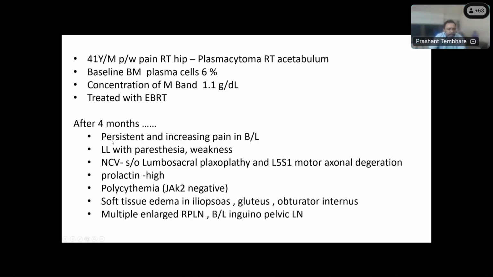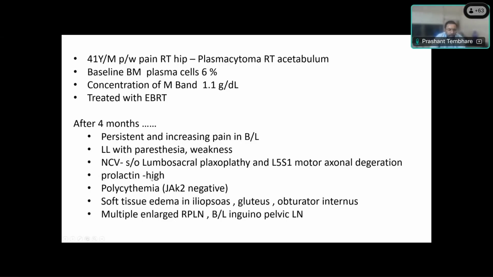After 4 months, the patient developed persistent and increasing pain in both lower limbs, along with paresthesia and weakness. There was lumbosacral plexopathy. The nerve conduction studies showed lumbosacral plexopathy and some motor axonal degeneration. The prolactin was also high.